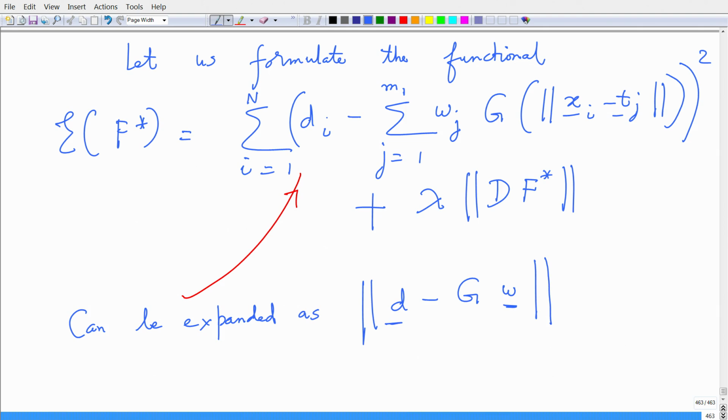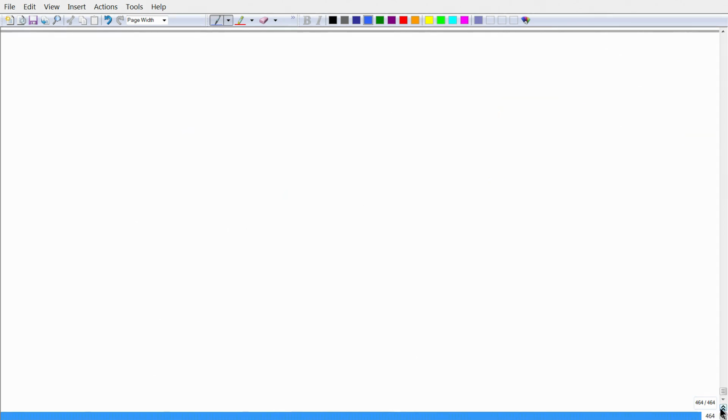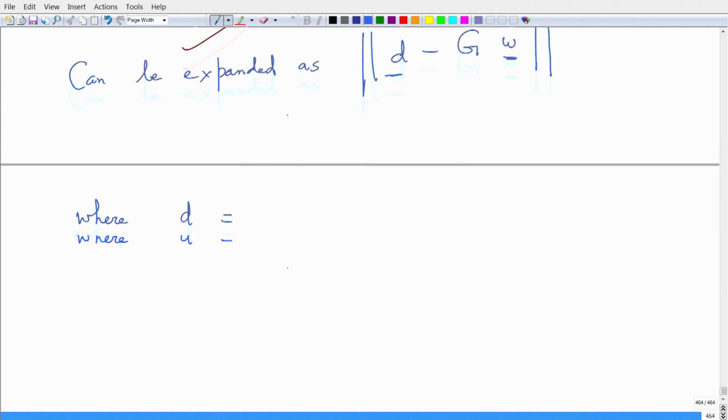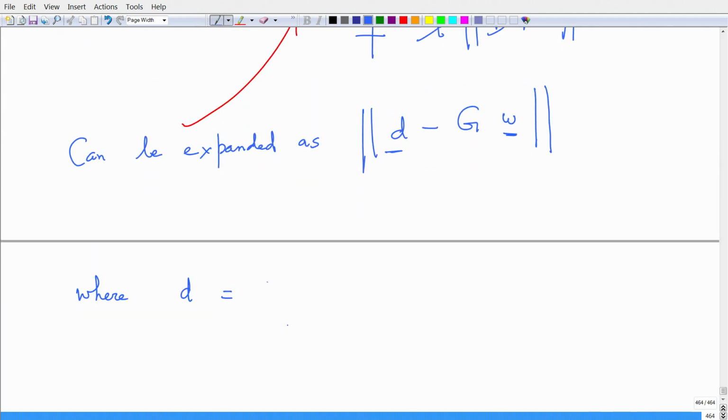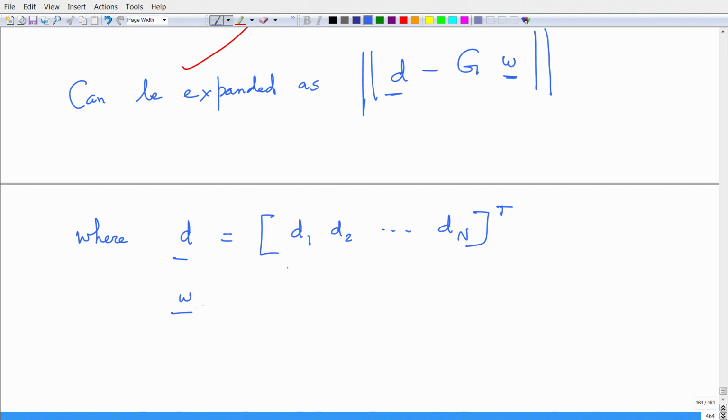So, let me define what these variables are. Looking at this equation here, d equals d1, d2, and so on to d suffix n, this is a column vector, and w is my vector of all these weights.